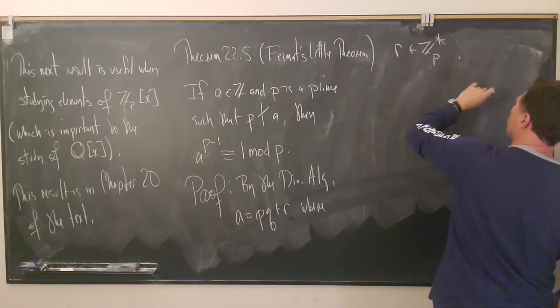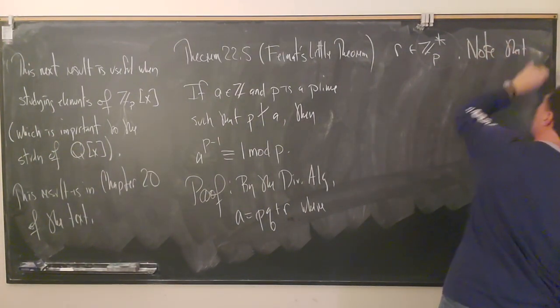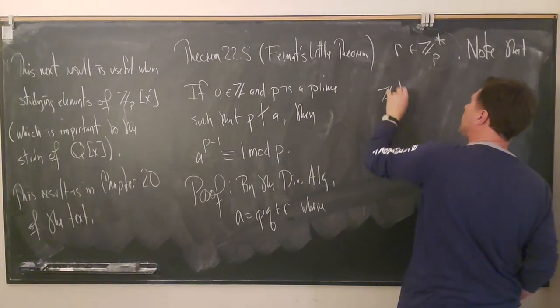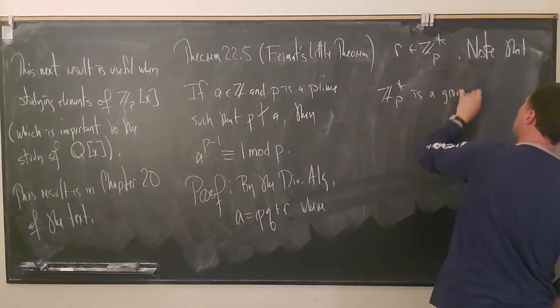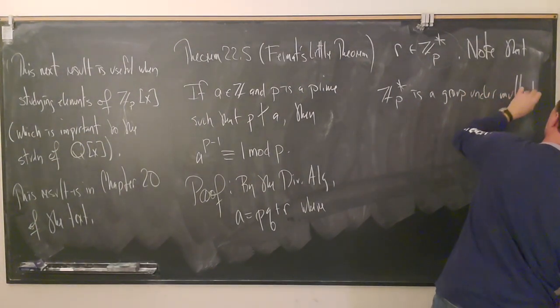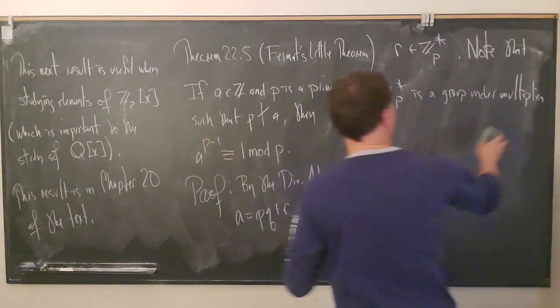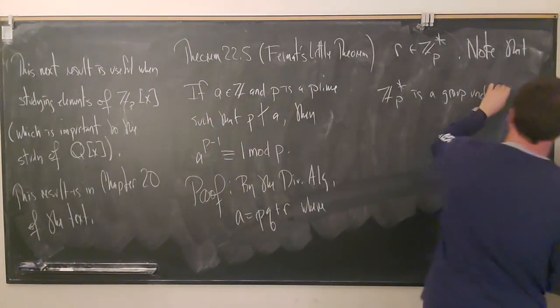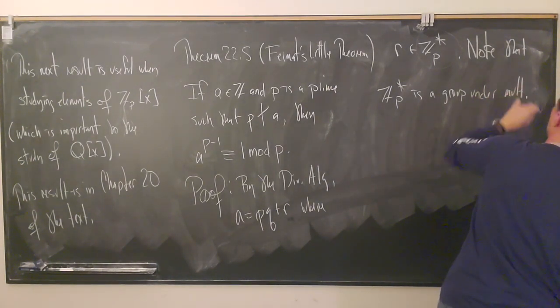So note that Zp star is a group under multiplication.